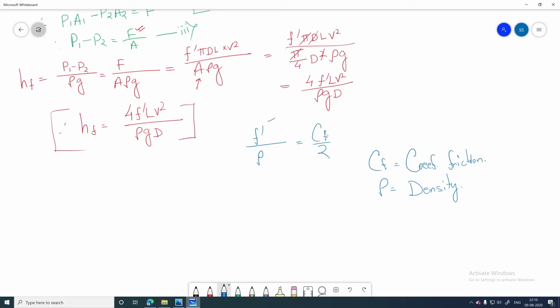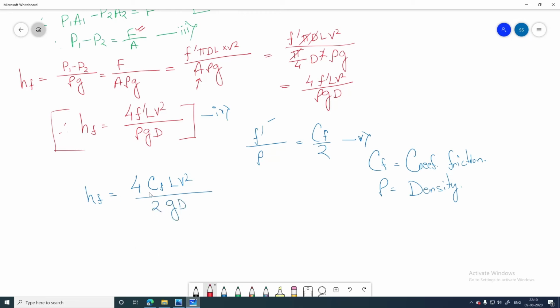Now from here, if we compare these two equations, so if we consider this is equation number 4 and this is equation number 5, if we compare equations 4 and 5, we can get the value of HF, that is 4 CF L V square by 2 g d.